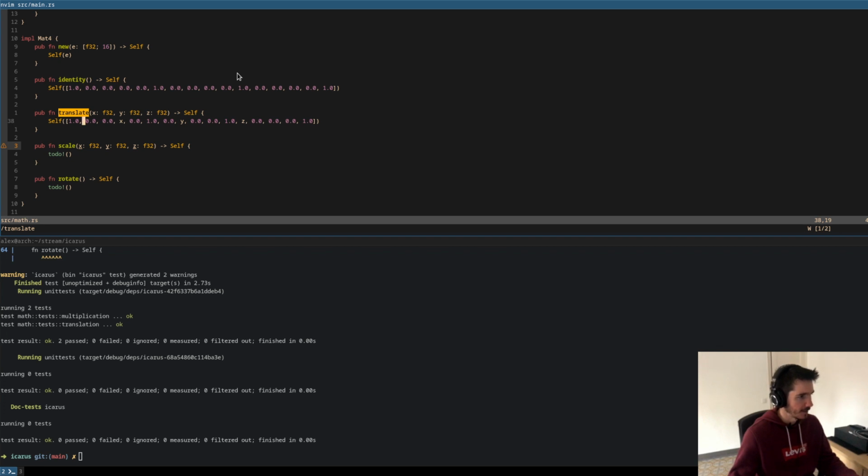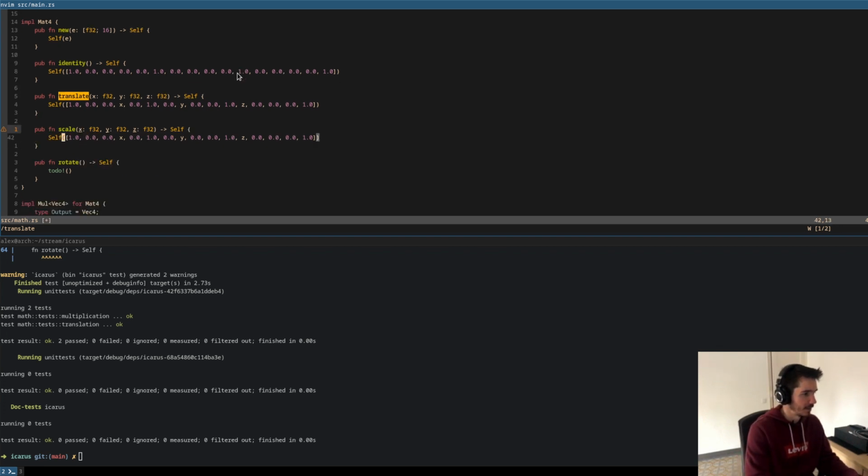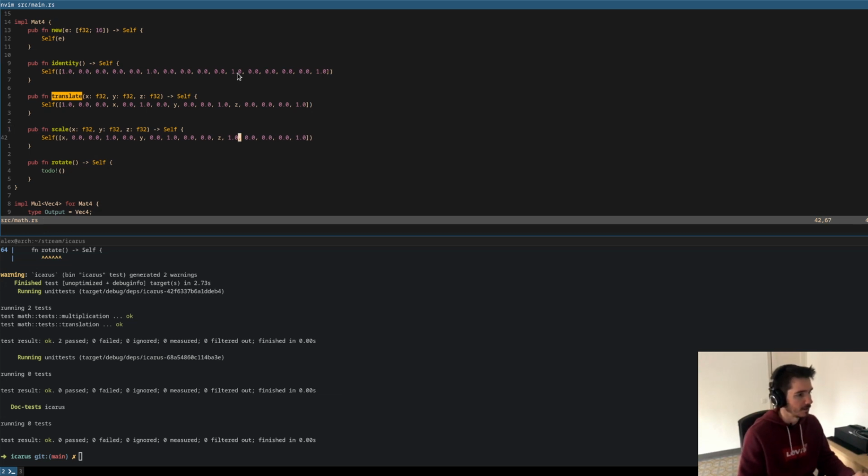So the actual implementation is pretty easy. We replace this 1 by x. This goes back to being a 1. This is the y. This becomes a 1 again. And set 1. Like so.